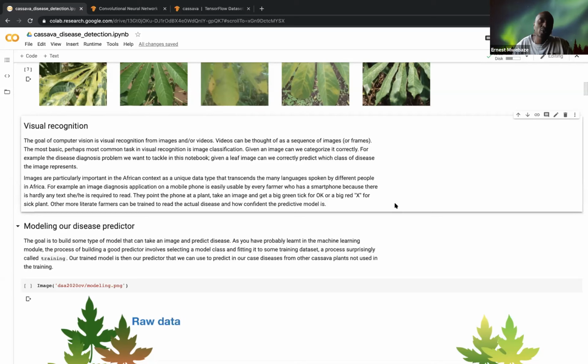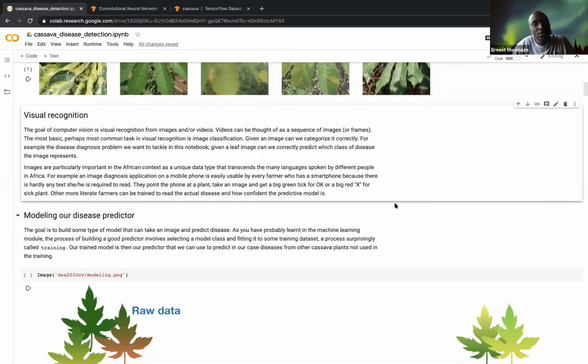So do a simple task of classifying, given an image, which disease is manifested by this image. Given an image, you want to categorize it correctly. And you can extend this to the farmer with the phone, with the app, who takes an image of a leaf. He wants to know which disease of these 4 diseases or 5 classes we have is represented.